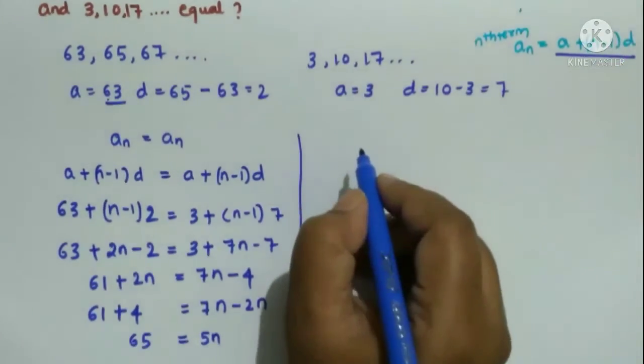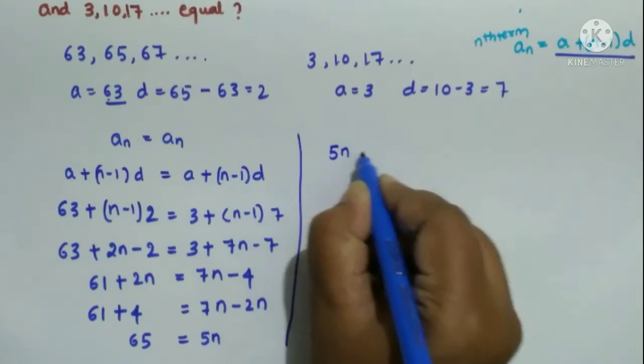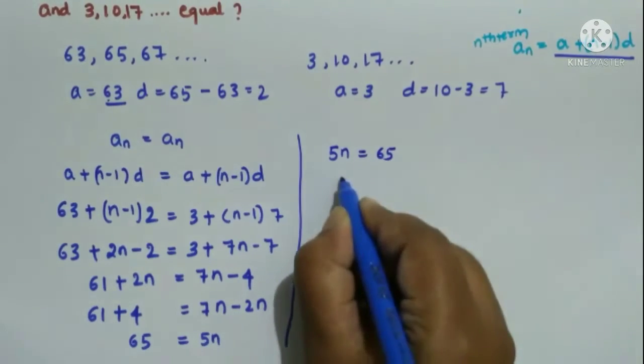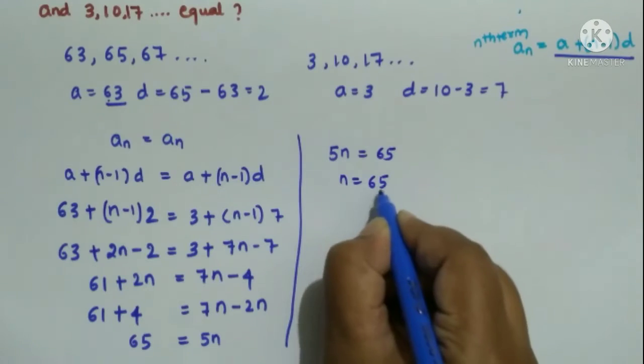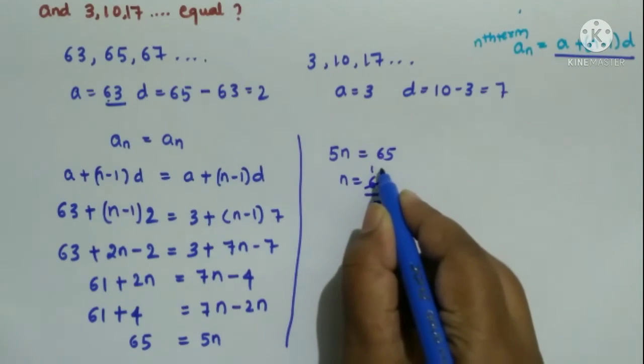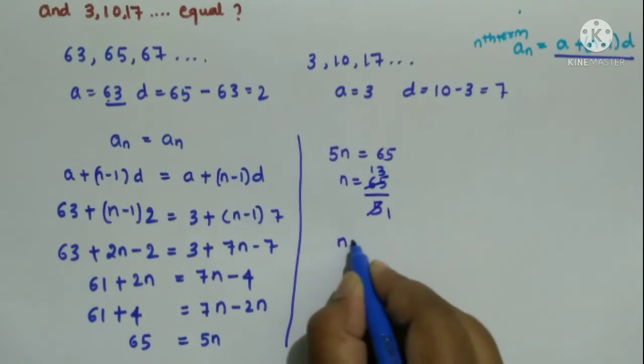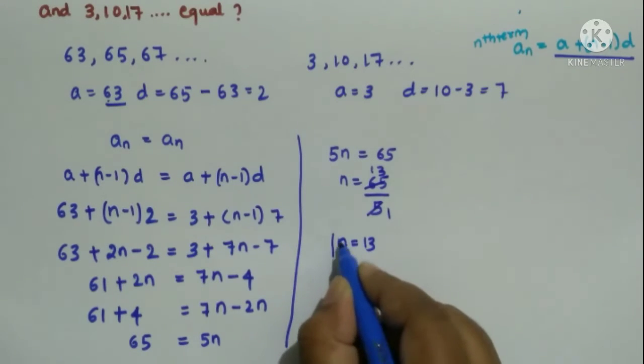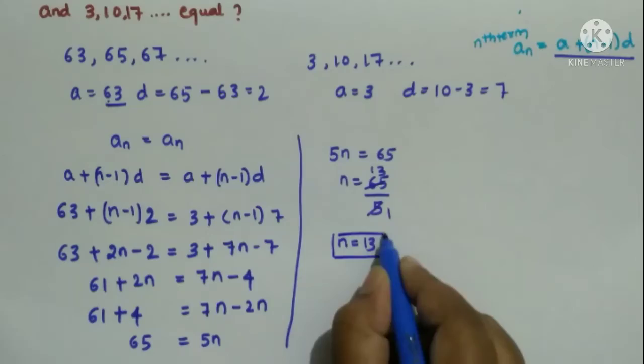So 5n equal to 65. So n is equal to 65 divided by 5, which is 13. So n equal to 13.